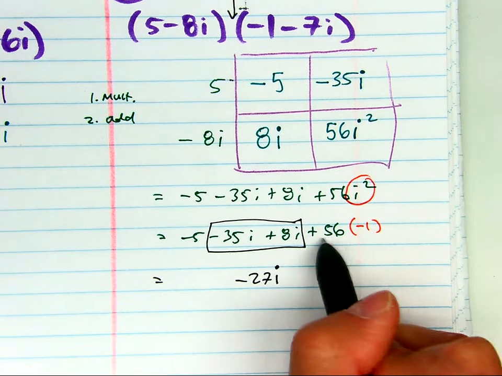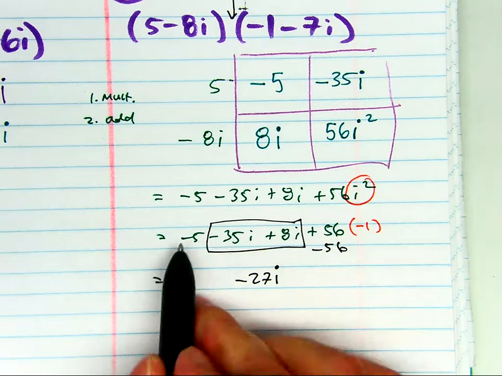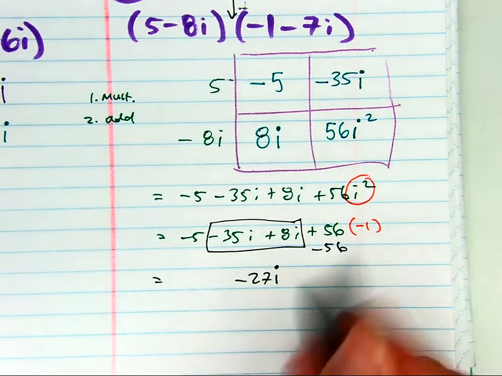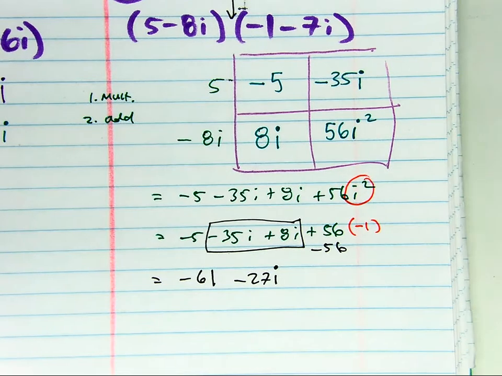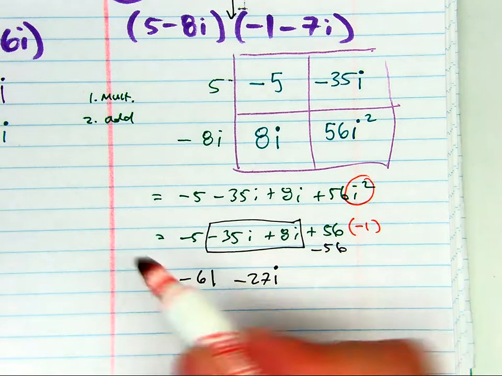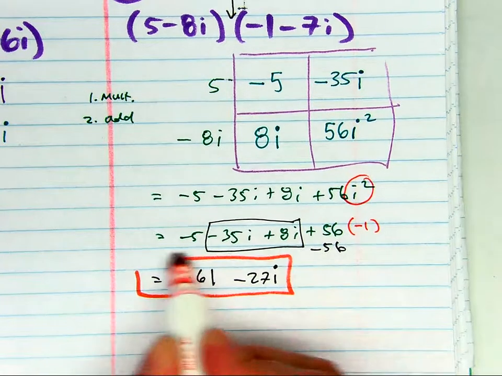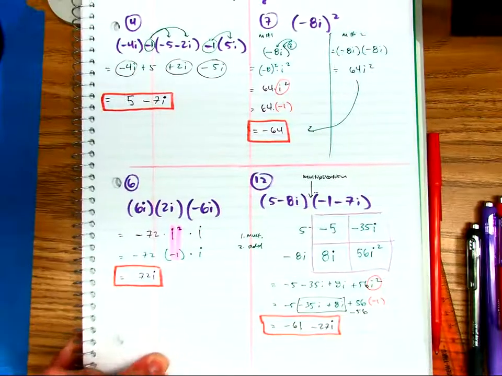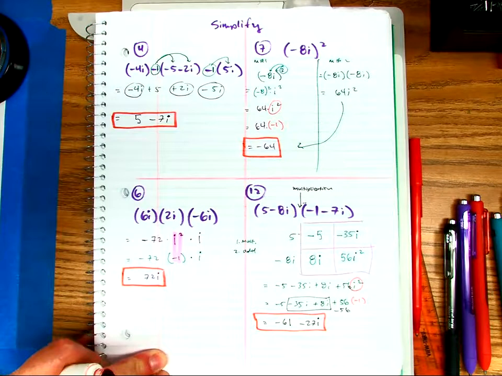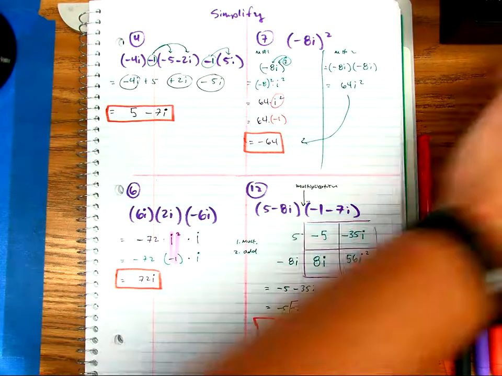This becomes negative 56. So negative 5 minus 56 is negative 61. So in this problem, we did 4 examples of various math operations to complex numbers.